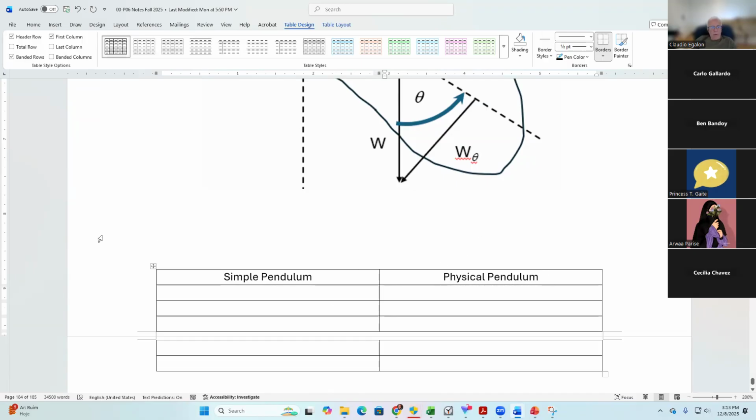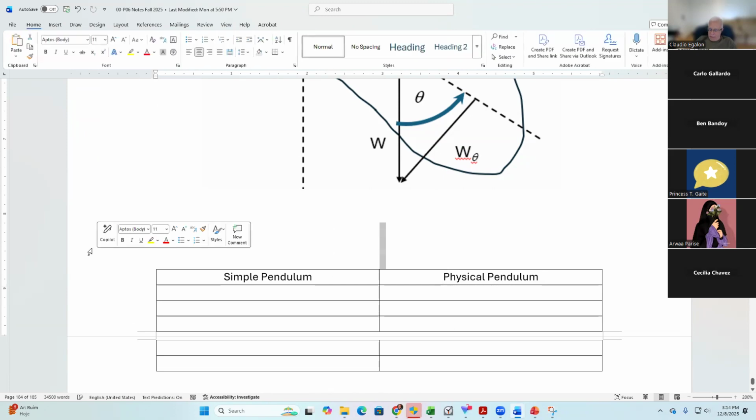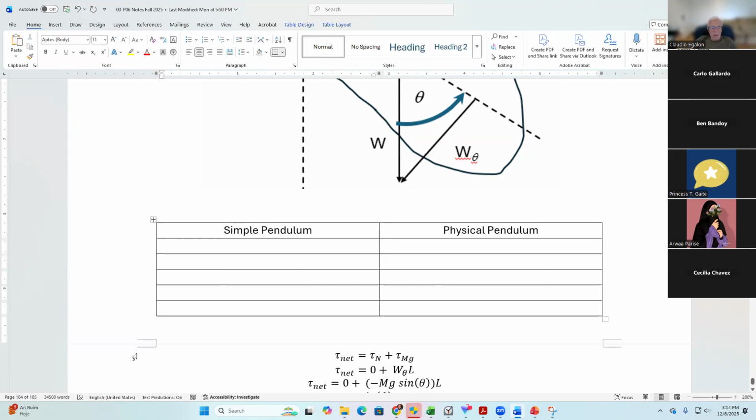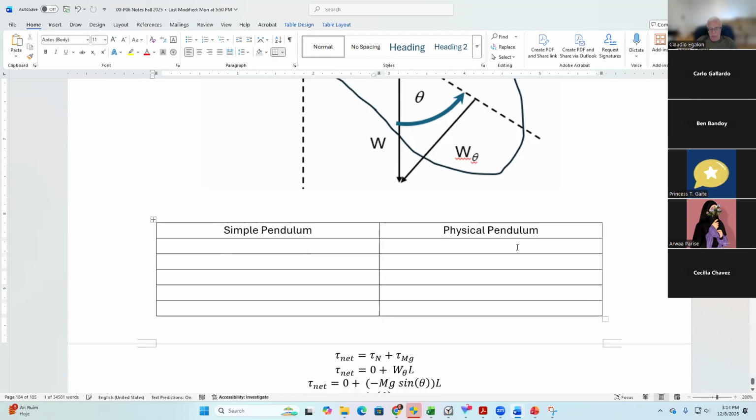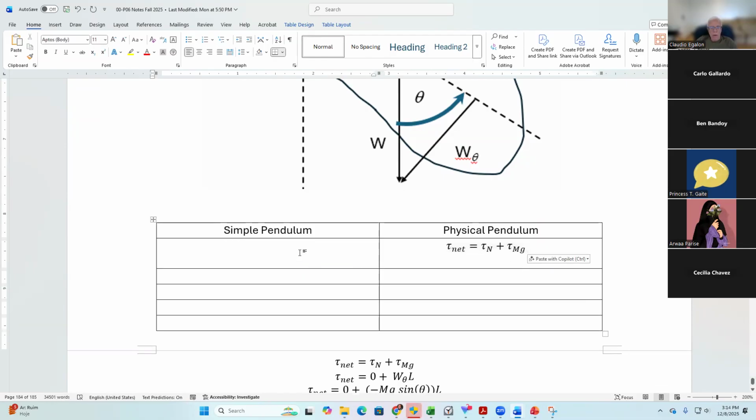Side by side, how their derivation compares. We did it for the simple pendulum, right? In both cases, we are going to have the net torque. Physical pendulum is right in here. Simple pendulum. Instead of N, it's going to be the tension, right?